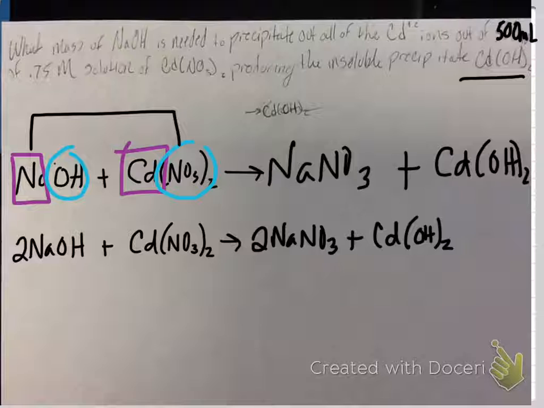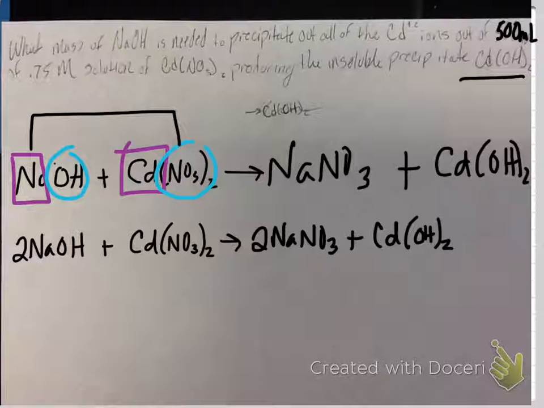Now, we're doing some stoichiometry. What mass of sodium hydroxide is needed to precipitate all of the cadmium ions out of 500 milliliters of 0.75 molar solution of cadmium nitrate, producing the insoluble precipitate of cadmium hydroxide? Here's the part that you don't know yet, that we'll do next week.